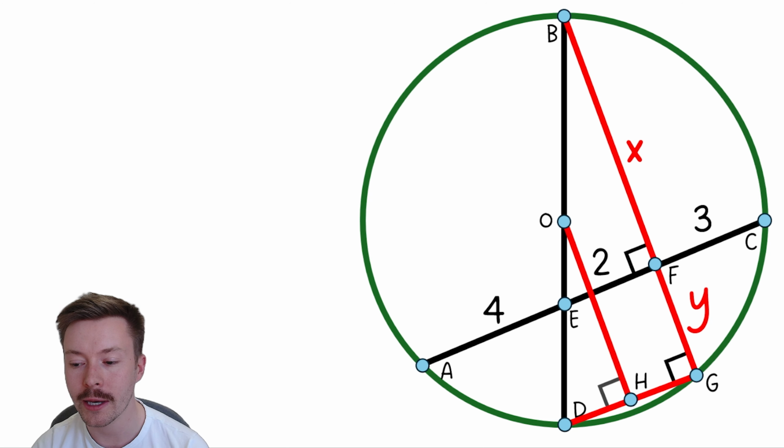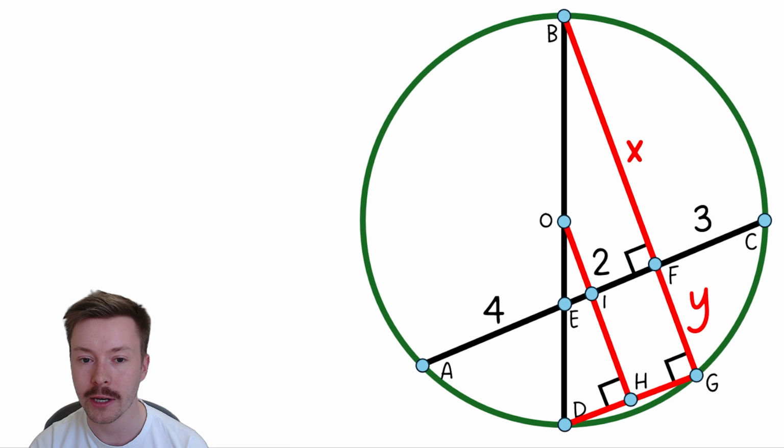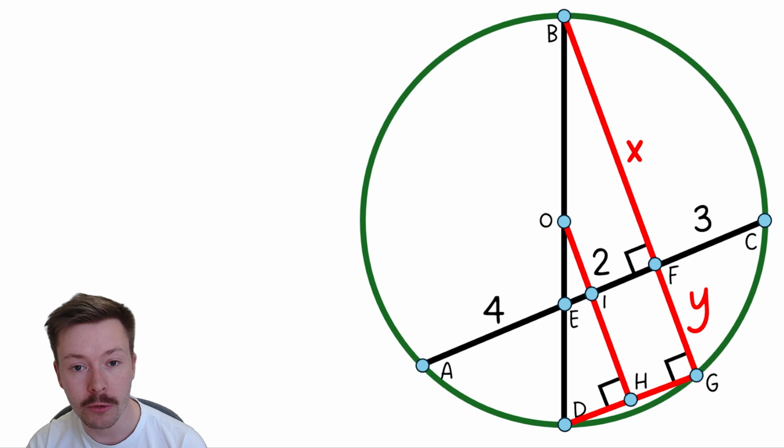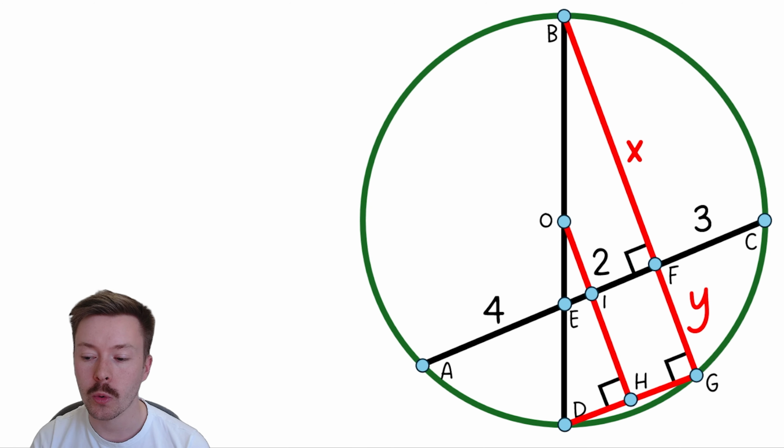Now I'm going to introduce a radius here, well, a slightly shorter radius, but a line that would be the radius if I extended it, that joins up with the chord D G and meets it at 90 degrees.